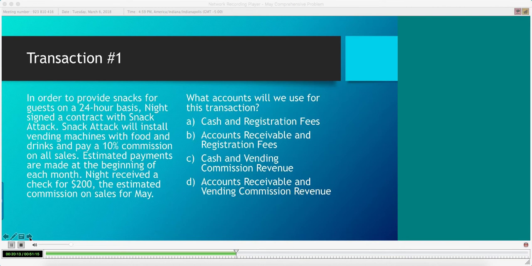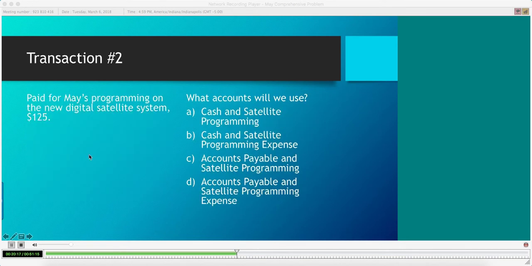So not one of my favorite transactions, but okay, for this one, we paid for May's programming on the new digital satellite system. So how would we do satellite system?